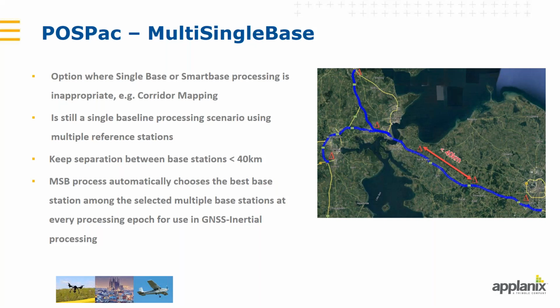And the algorithm itself chooses the nearest station during the processing to keep the rover base separation below 20-25 kilometers. So the base station separation should not exceed 40 kilometers, like it is shown in the slide. So this is more a special processing mode for more specific kinds of situations.